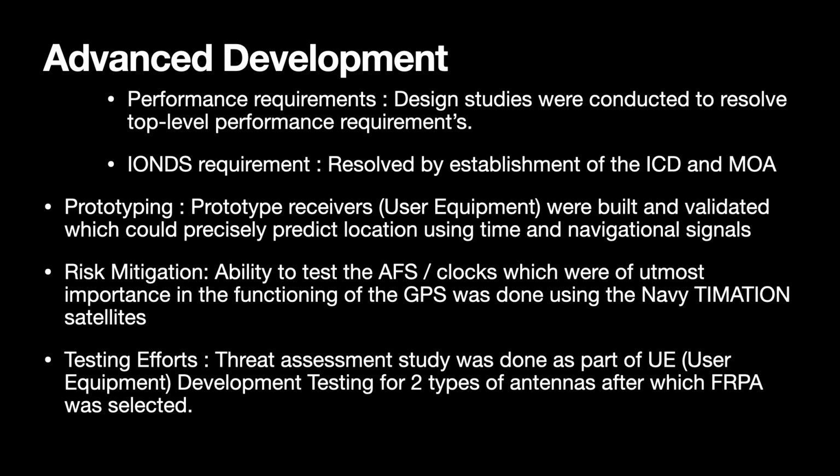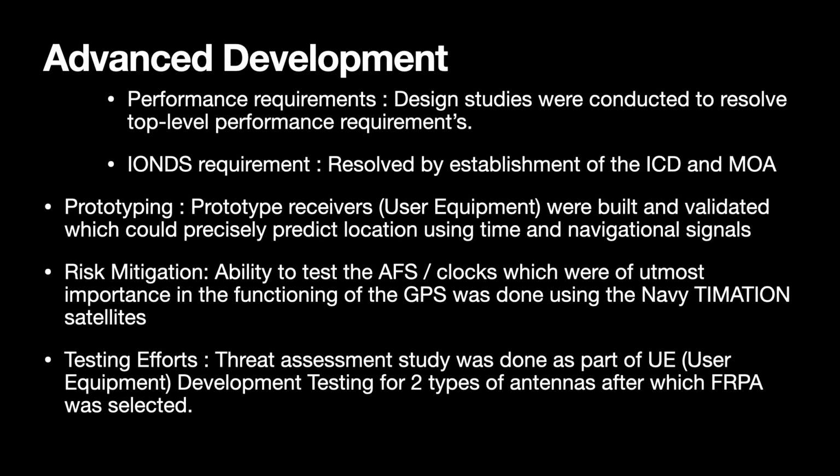And the testing efforts of the user equipment were also done. A threat assessment study was conducted by Aerospace Corporation for the user equipment receivers, and using the results of this, the JPO conducted its own assessment of the 2 types of antennas which were to be used in the receivers.